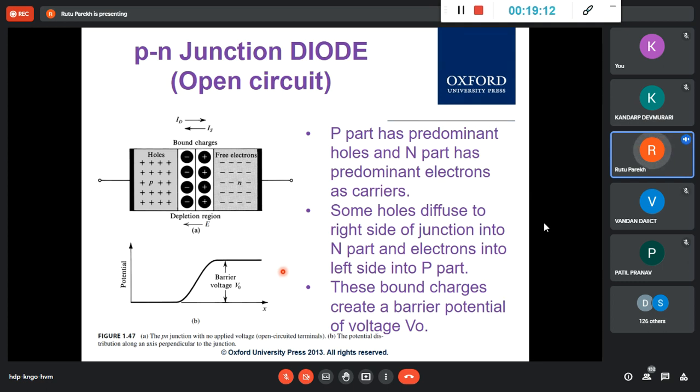Did you study the diode in first year? No, ma'am, not in first year, in high school. We had not studied the physics of the diode, only at an abstract level. Okay, no problem.